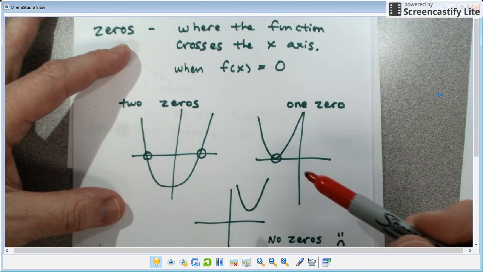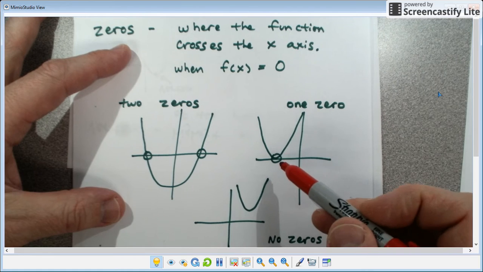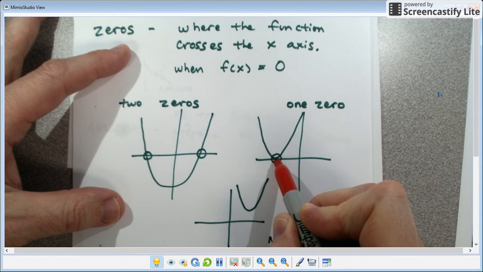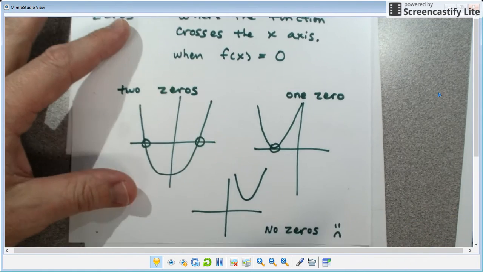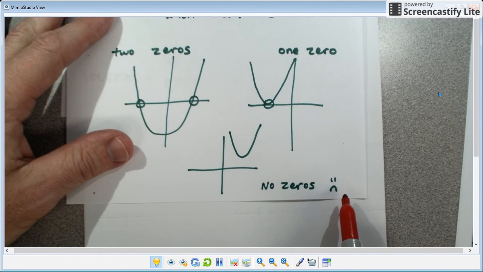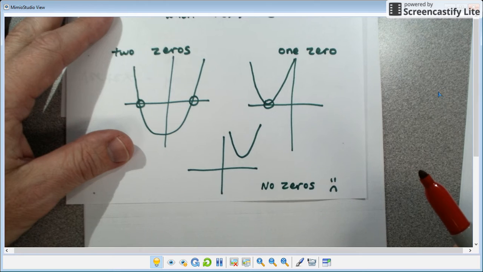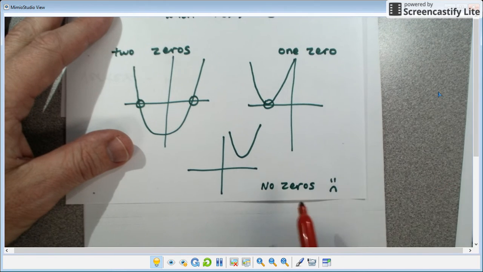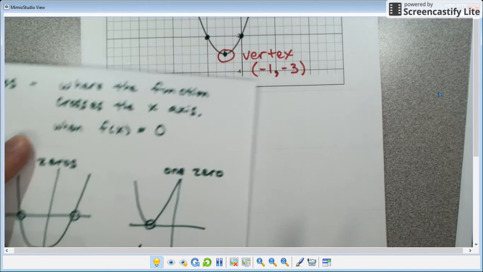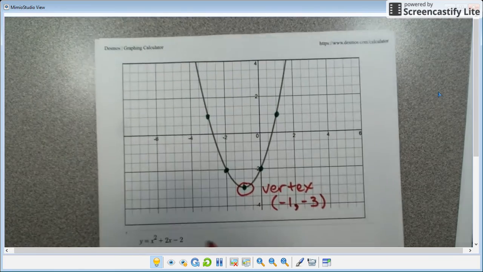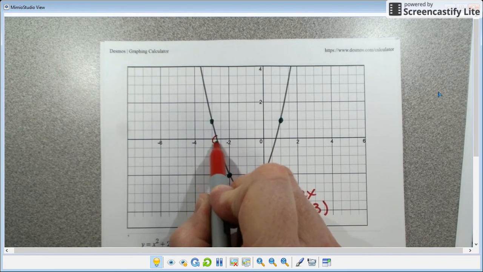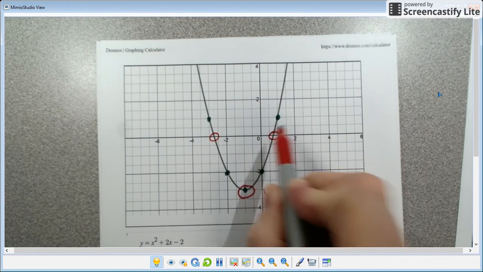It's also possible for a parabola to have 1 zero, where that vertex would be the only point on the x-axis, or it's possible for a parabola to have no zeros. If the parabola is entirely above the x-axis, there is no point where it crosses the x-axis, so we would have no zeros. So, looking back at our graph, we would have 2 zeros, 1 there, and 1 there.